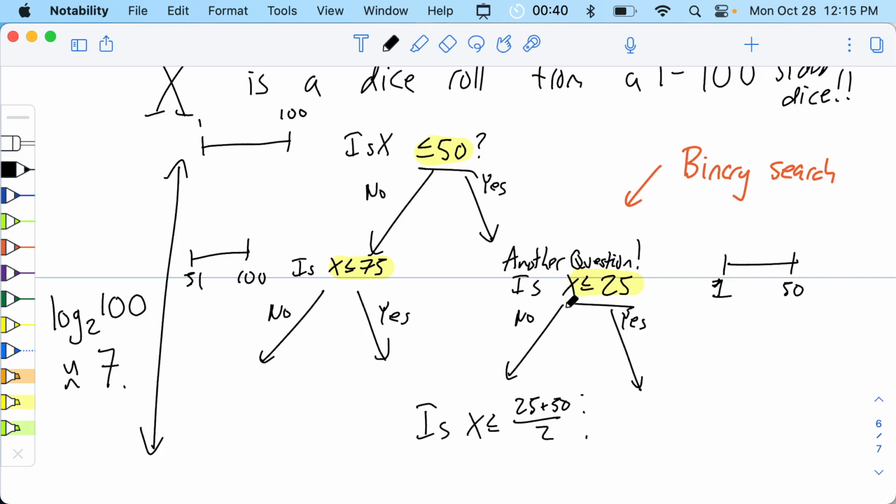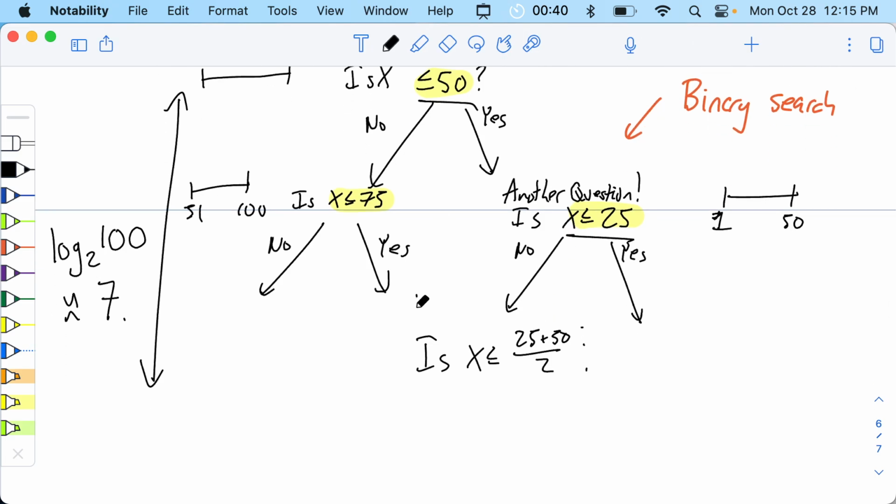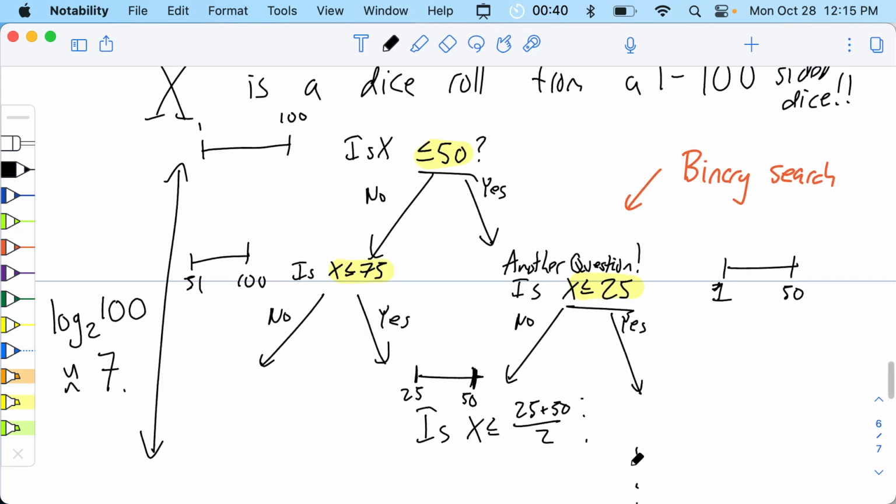So when we said no, we knew it was between 25 and 50, and you can further split that way. And this will get you there in the minimum number of steps because it's maximally using the space. All the branches are equally likely, and you have to go 7 branches deep until you get down to singletons. So that's binary search.